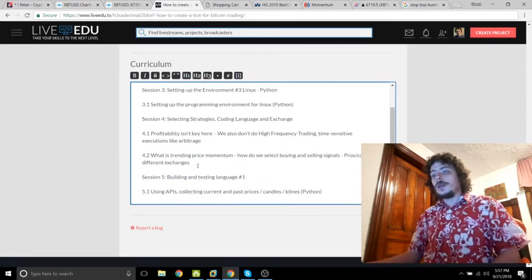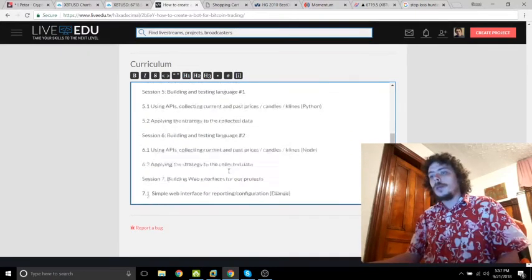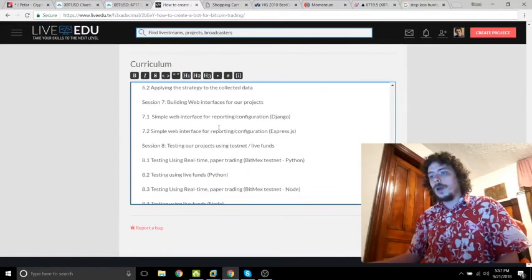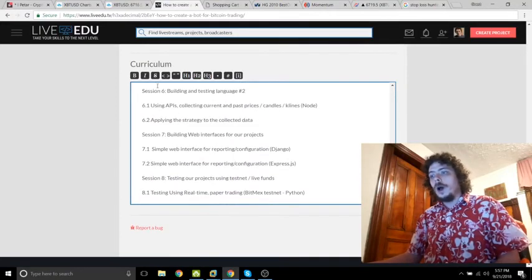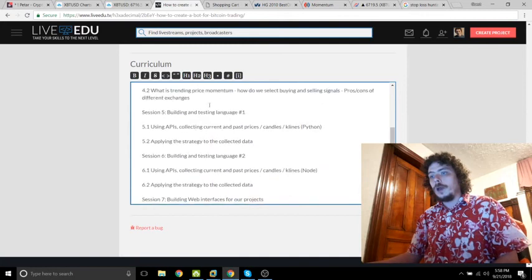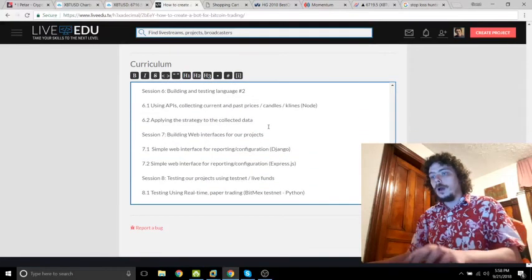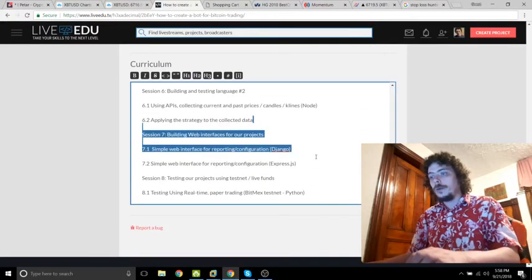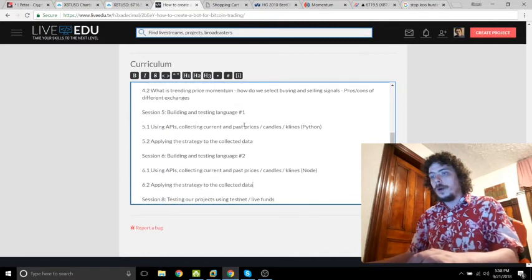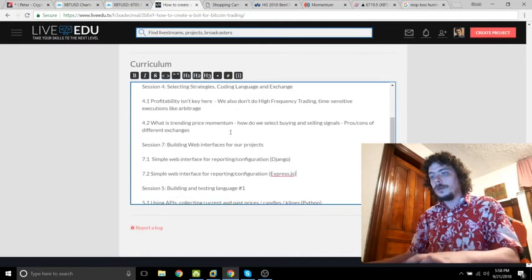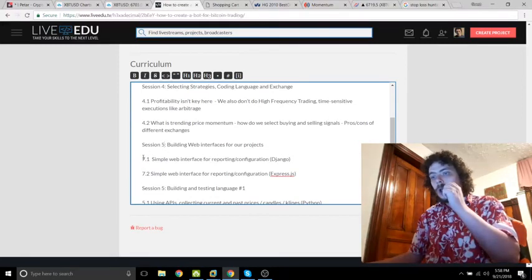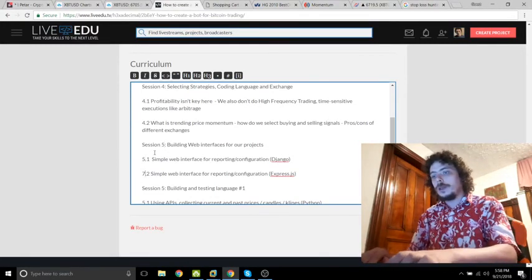It measures the price over time, the change in price over time. How do we use those in our bot that we're going to create to select our buying and selling signals? So when they both agree that the trend is one way or the other, it's going to buy or sell. And the pros and cons of different exchanges. And again, we're going to use BitMex just because that's the one that was defined in the contract that Hannah awarded me. It's got the most volume, I think, out of any exchange, probably because of the 100-time leverage.